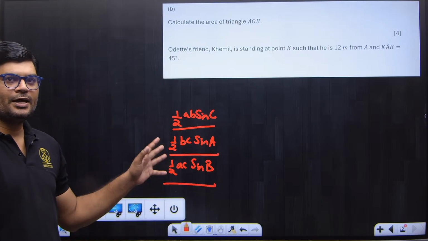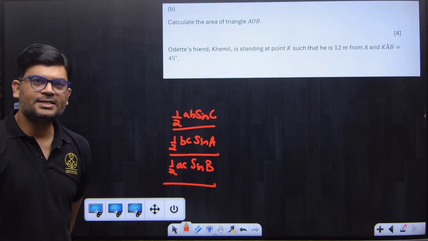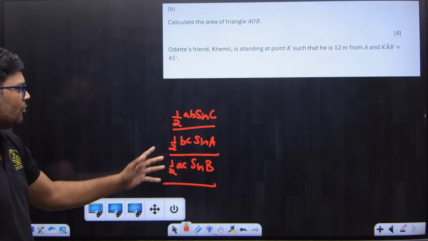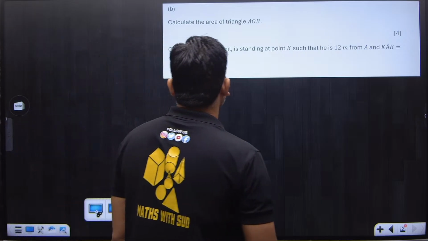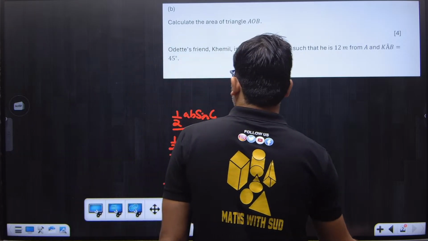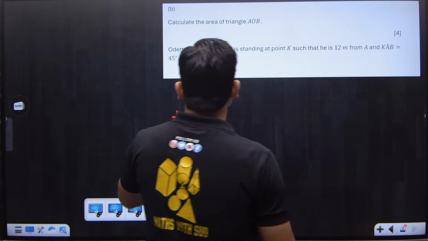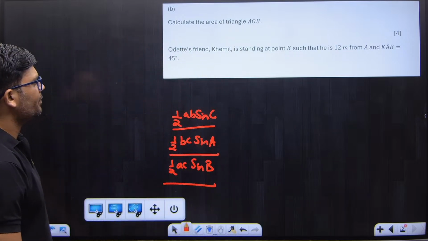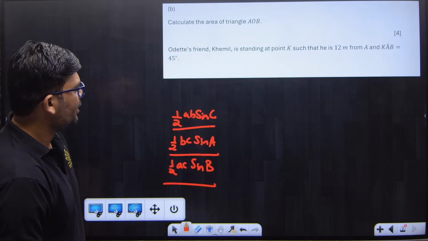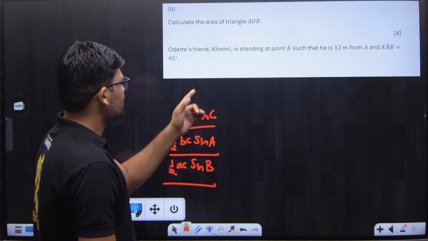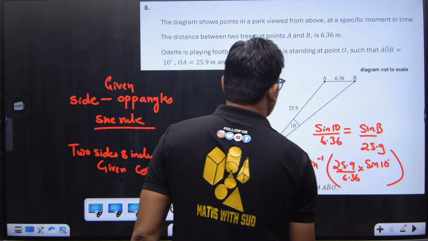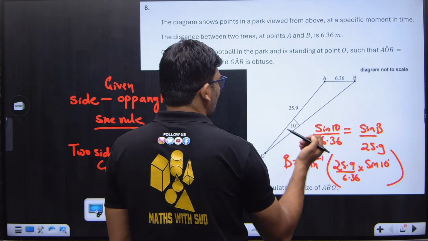If you have a triangle and two sides and the included angle are given, these are the formulas that we use to find the area of the triangle AOB. So they are saying calculate the area of triangle AOB. The other question, about the camel standing at point K, I think that is another question. So for triangle AOB, how will you find the area?